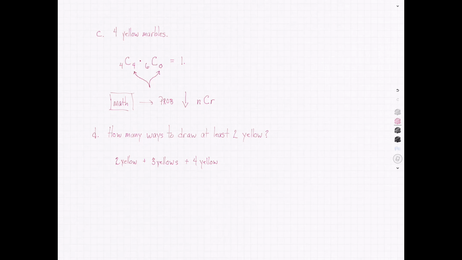And here's the thing, do we have to have a plus 5 yellows? Well, the answer is no for 2 reasons. And the first one is the problem says you're only going to draw 4 marbles, and so we wouldn't have to take it out to 5. And the other problem is that we only have 4 yellows in our jar. So now we just add up the different results.